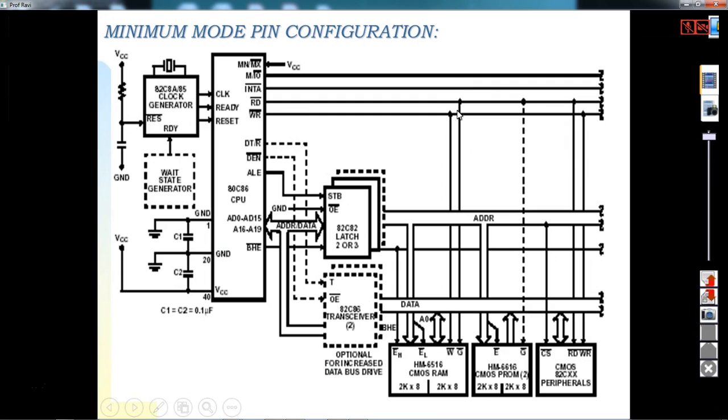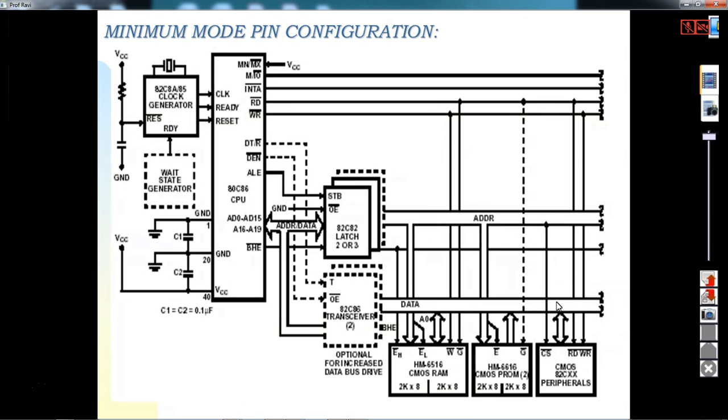If it is a memory operation, then this M by IO bar should be connected to this. Now you have BHE, bus high enable, and A0. The bus high enable should be connected to the odd bank of the memory. Now you can see here.